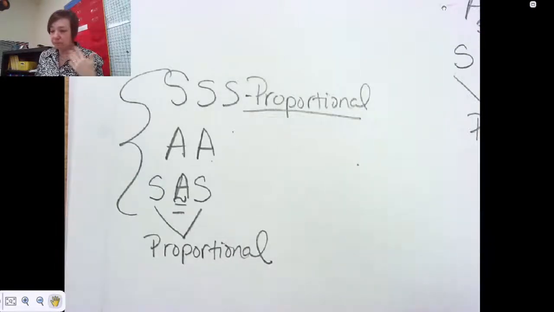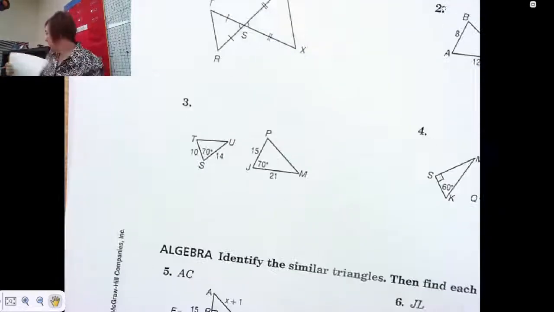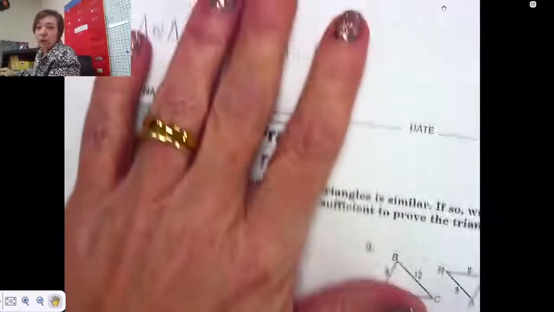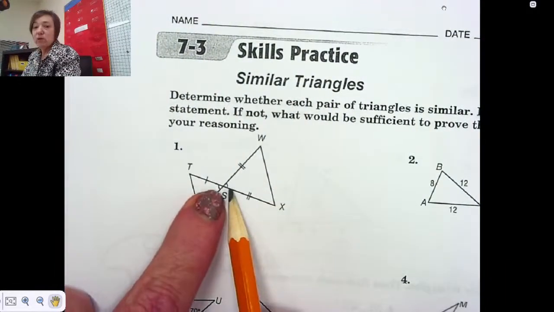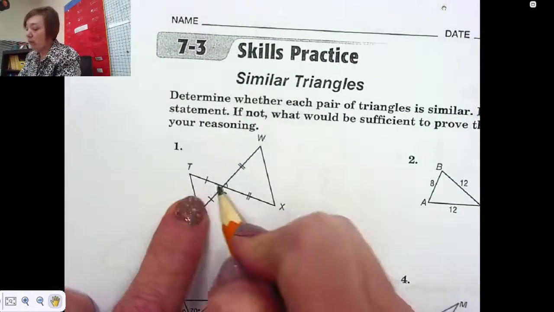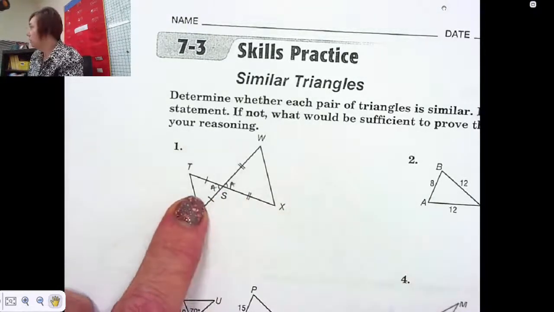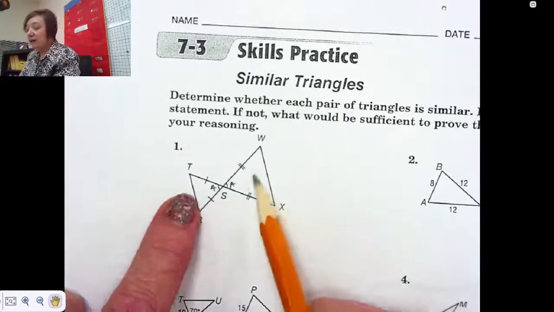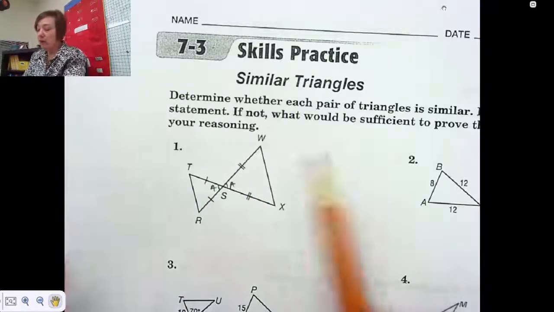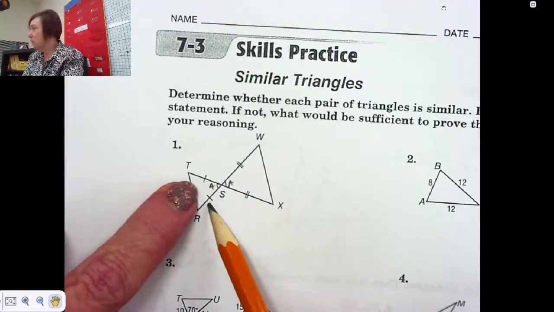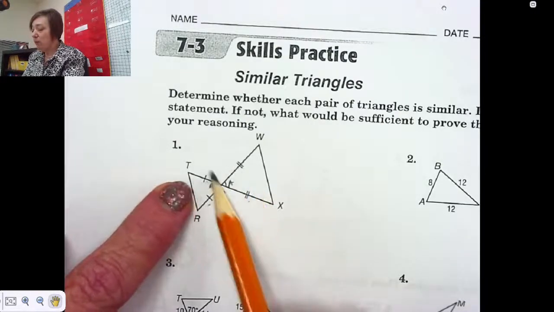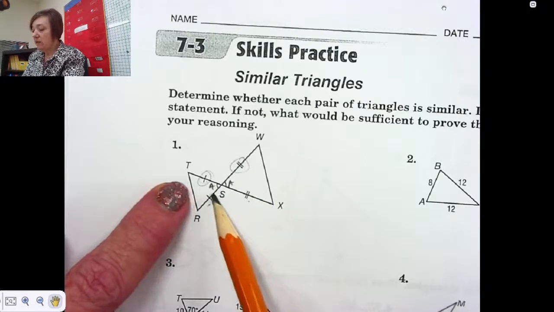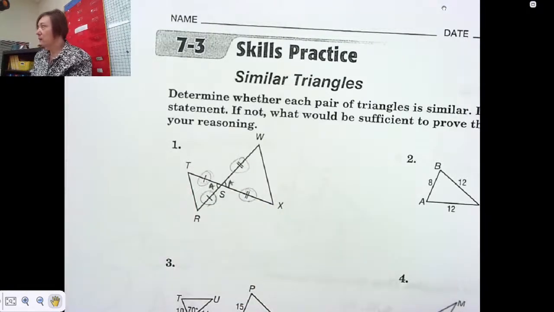All right? So now, if we go to our sheet, look at number 1. On number 1, it shows that this angle is congruent to this angle. So we know that we have one angle congruent to one angle. Then, notice they didn't give us any numbers on this, but they did tell us that this and this are the same, and this are the same. That means if we set up a ratio of this side to this side, and a ratio of this side to this side, they're going to be the same because those numbers are the same.